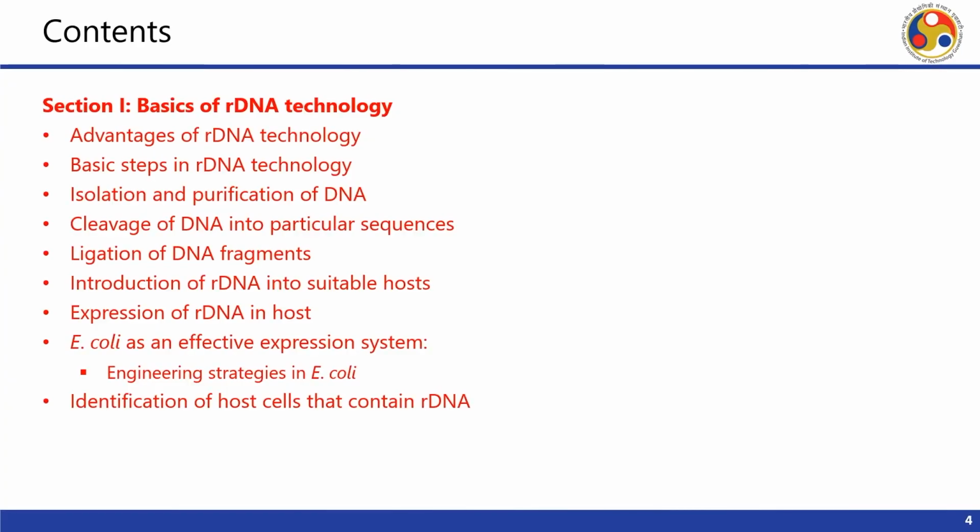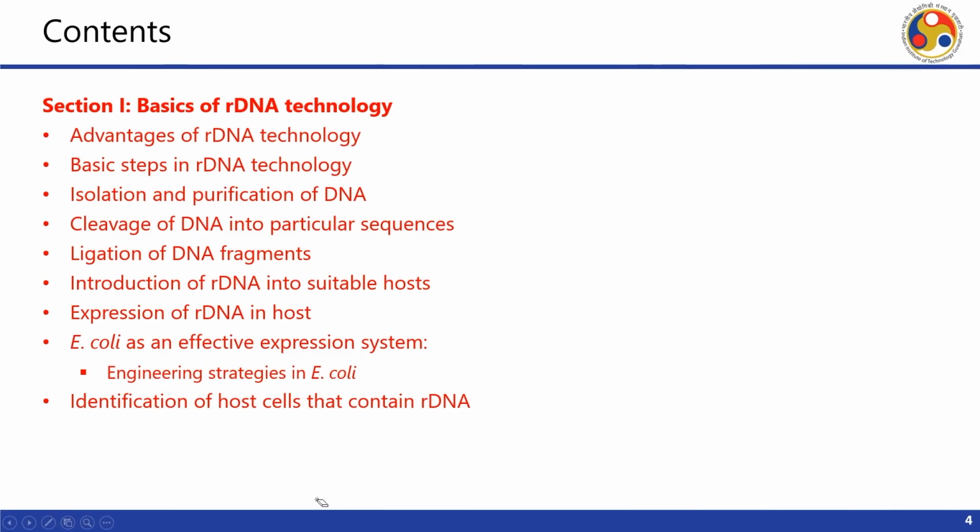After cutting these fragments, we paste them into these vectors, which is known as ligation. So we will have a discussion about the ligation of these DNA fragments. Then once this vector is constructed, which is basically a carrier having a DNA or a gene of interest, we need to introduce this recombinant DNA product into suitable hosts.